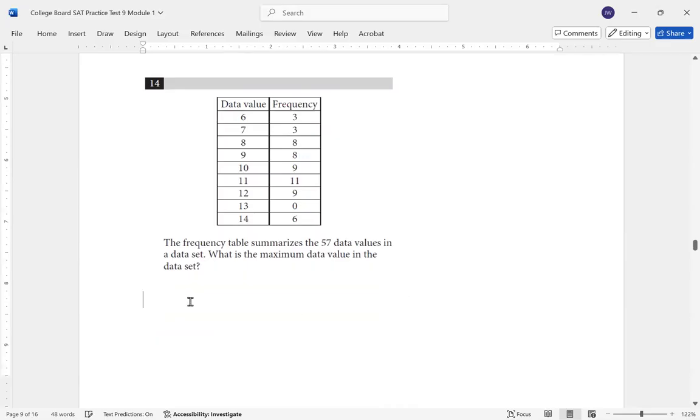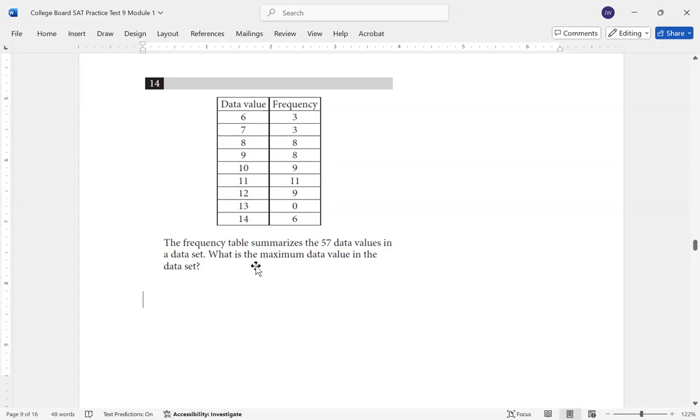Question 14. The frequency table summarizes 57 data values in the data set. What is the maximum data value in the data set? So the values are right here, and the frequencies show how often they get repeated. So 6 got repeated 3 times, 7 got repeated 3 times, 8 got repeated 8 times, and so on and so forth.